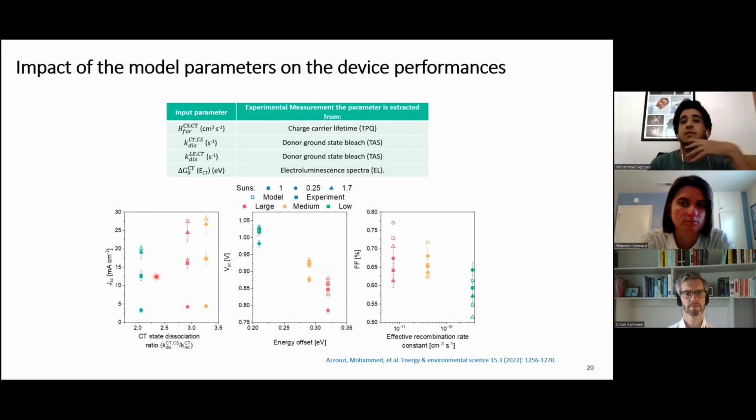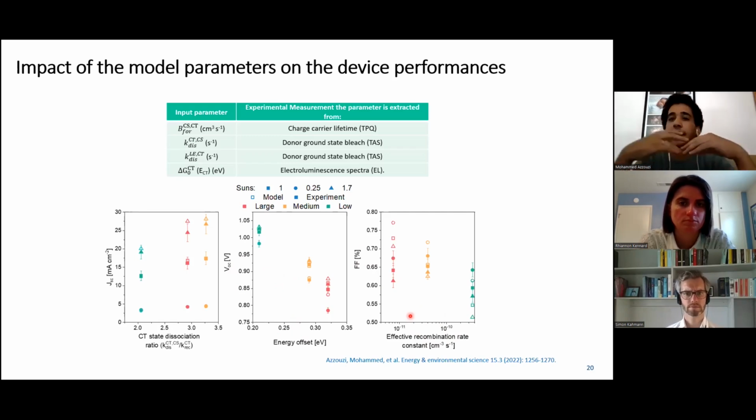In our case, we found that the JSC is mainly related to the ratio of the dissociation rate divided by the recombination rate, whereas the VOC was mainly related to the energy offset, and finally the fill factor was related to this effective recombination rate constant.